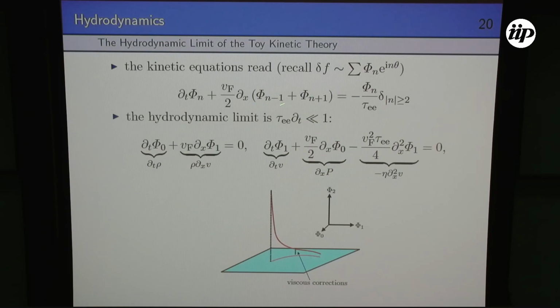Now, on long time scales, when this inequality holds, I can drop this term because that's negligible relative to this term. And so now I can collapse this infinite set of equations onto a set of 3 equations. I've just written 2 of them down because plus and minus 1 look kind of the same. The zero harmonic equation is simply conservation of charge, or the continuity equation. And the plus and minus 1 equations together form the conventional Navier-Stokes equation, linearized around equilibrium. Okay? So this is a very sensible and conventional result within kinetic theory.